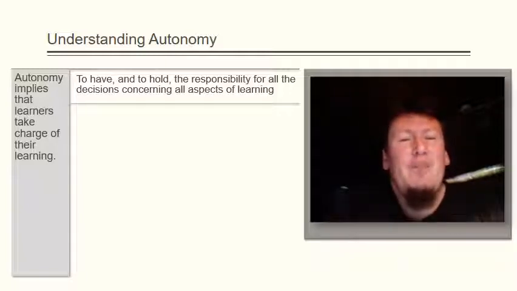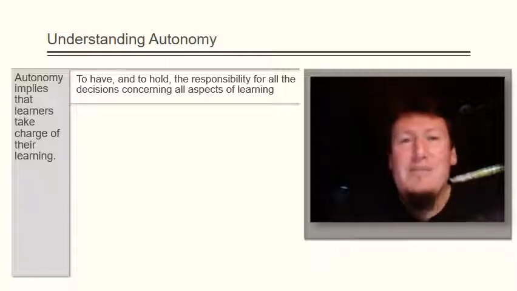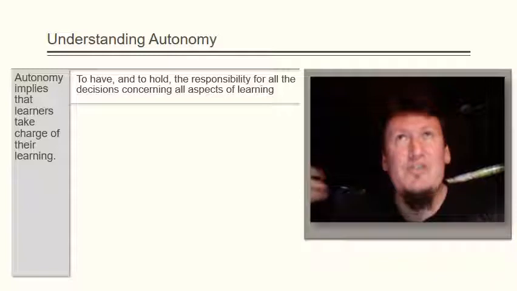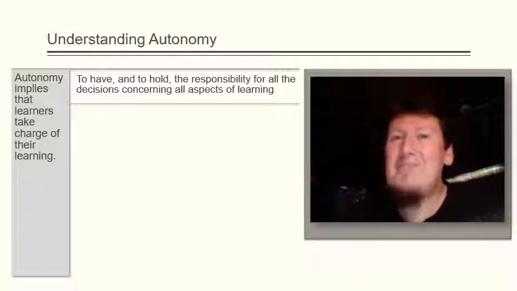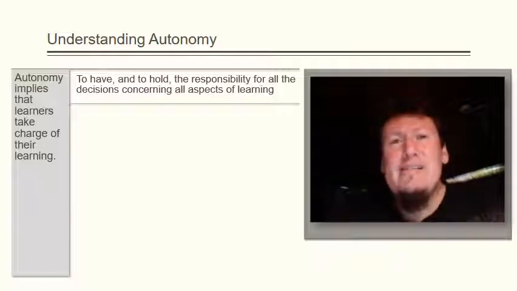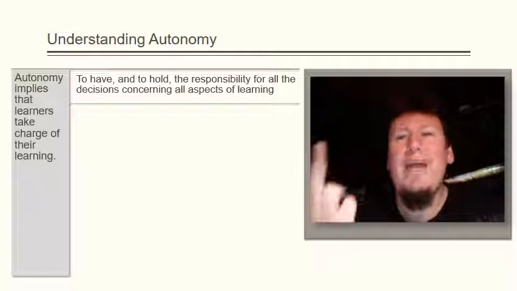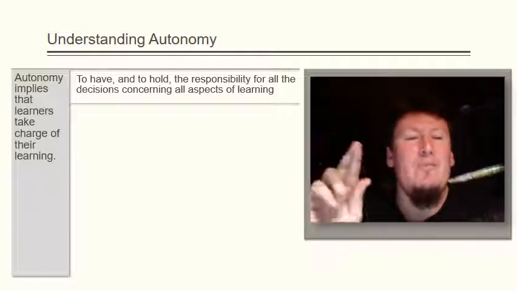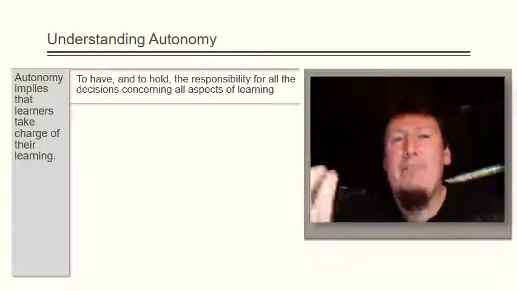Now, here we might think, well, because we're going to attach all of this to the student, and maybe as I'm talking about this, you're thinking, well, this is what the student has to do, this is what the student has to be. But I present to you this idea. Think of autonomy as a two-way mode of happening.